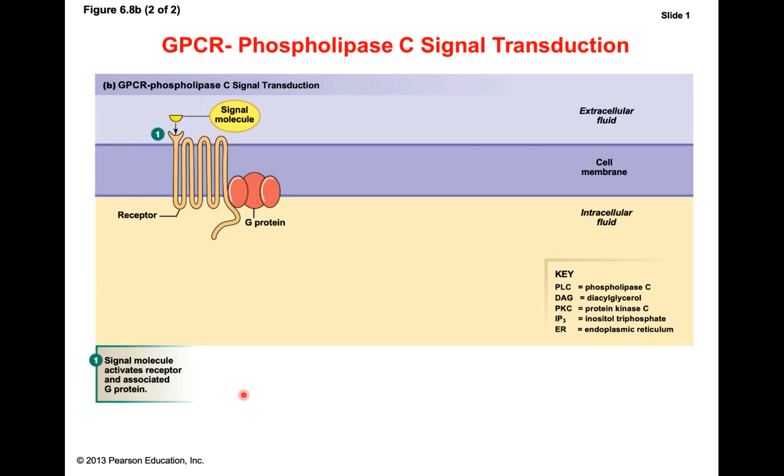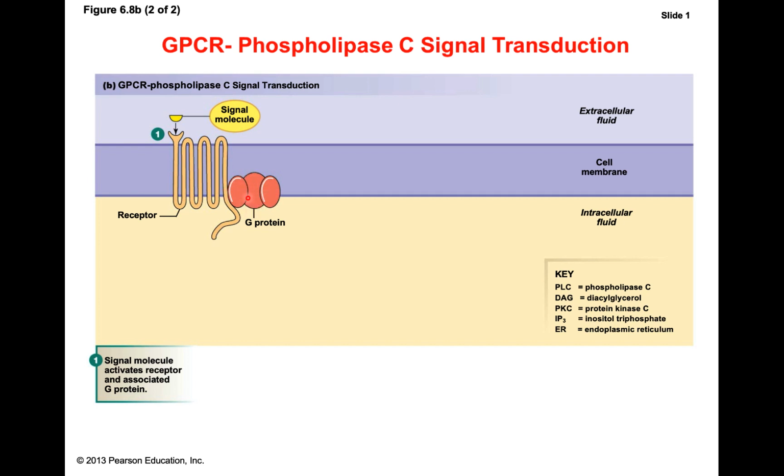The next type of GPCR we have is called the phospholipase C signal transduction. Now, the beginning of this mechanism is identical to the last one. The ligand binds to the G protein coupled receptor, shifting its shape, which causes a downstream shift and activation of the G protein.